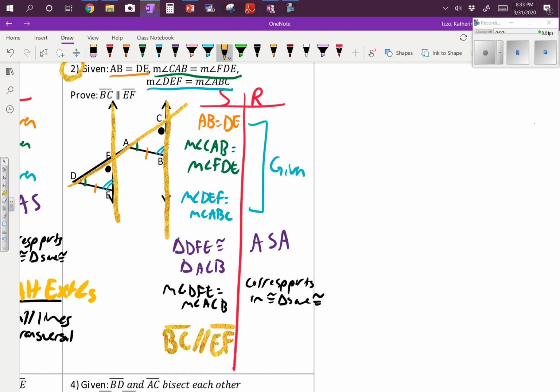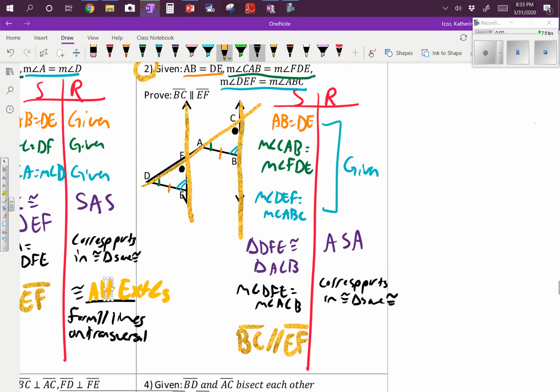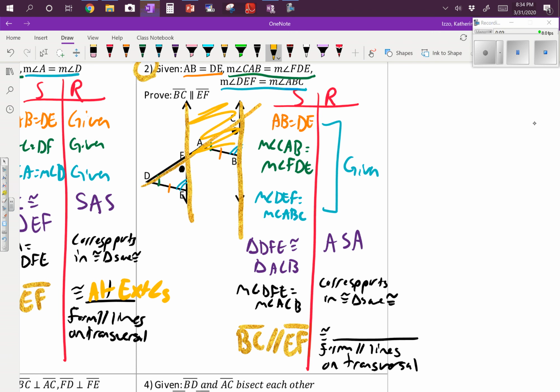We need a reason though. Our reason, let's take a look. Reason always has to be congruent something, form parallel lines on transversal. Are the triangles both inside my parallel lines?